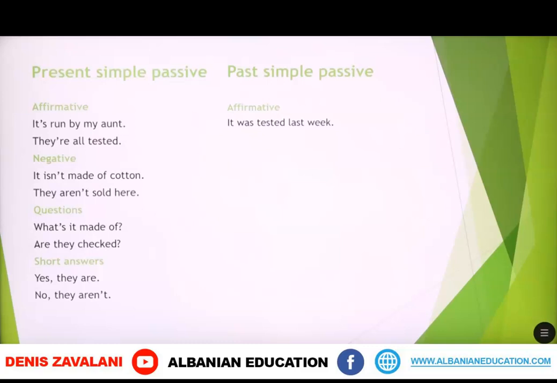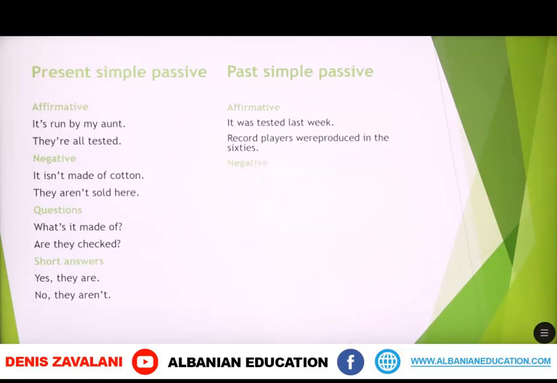From "it is", we change it into "it was". It was tested last week, and in the other example we see, record players were produced in the 60s. So again, we don't have the word "are", we change it into "were". So it's the auxiliary verb that we use in the past, not in the present.